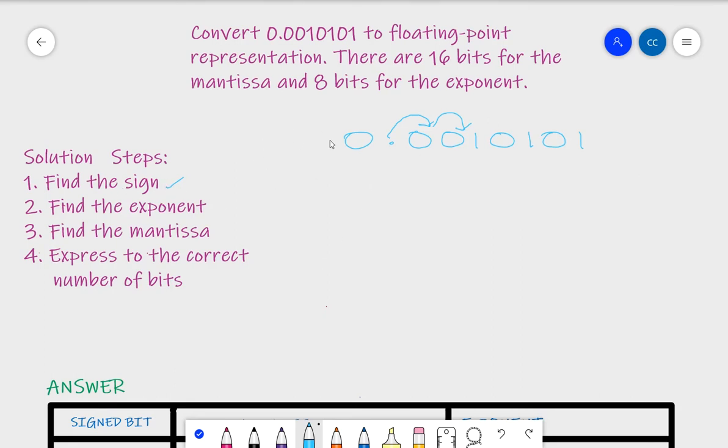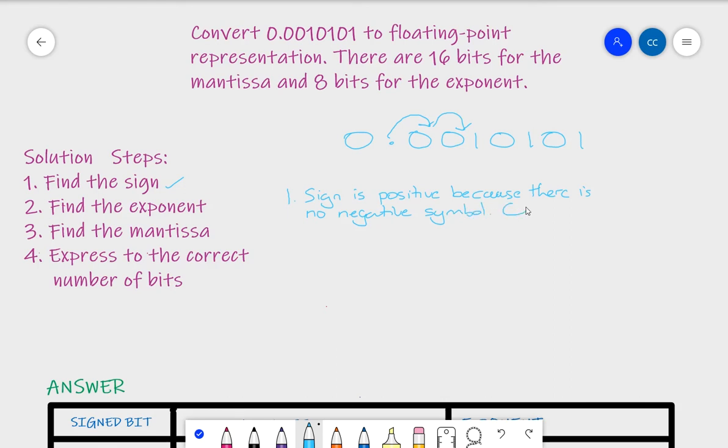Now, I can't see any negative symbol here. So what we can say is, number one, the sign is positive because there is no negative symbol.